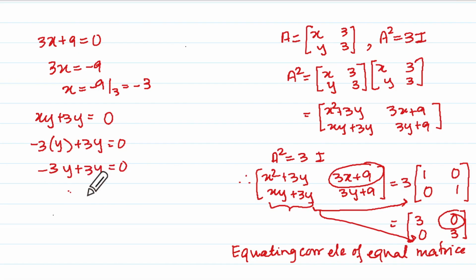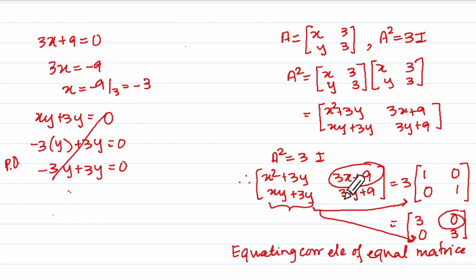So what are you getting here? 0 equal to 0. That is strange, right? How can I say 0 equal to 0? So I'll have to ignore this because I can't have 0 equal to 0.